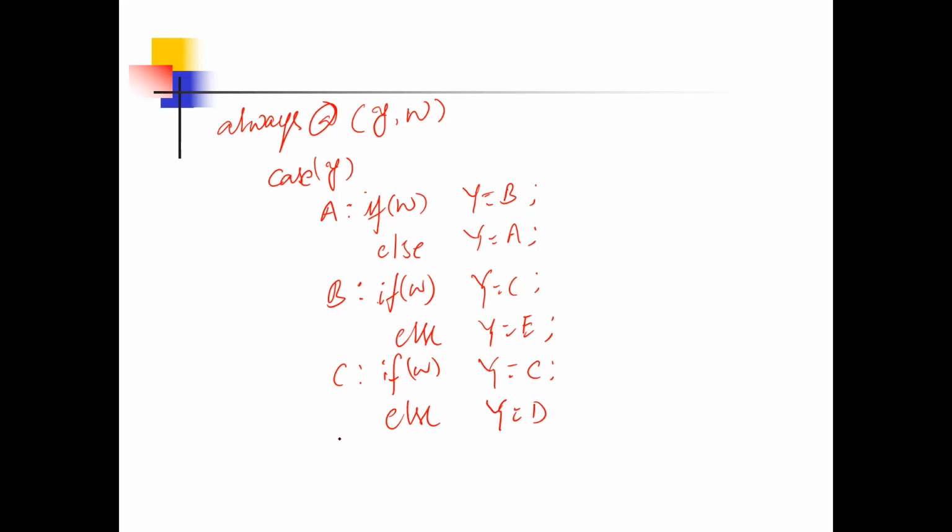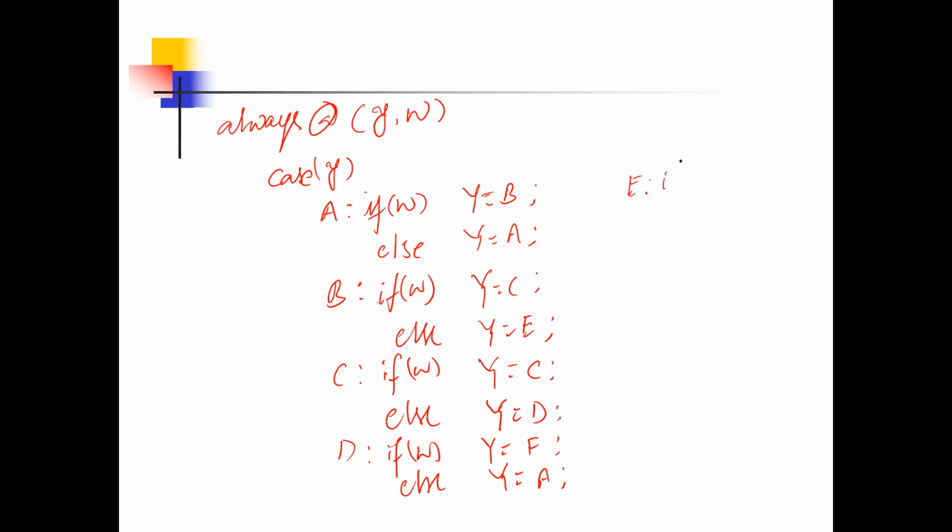Next you can take the D. If W, what is the next state? So next state is F. Otherwise, else Y is equal to A. Similarly, you can write for the E. Okay.